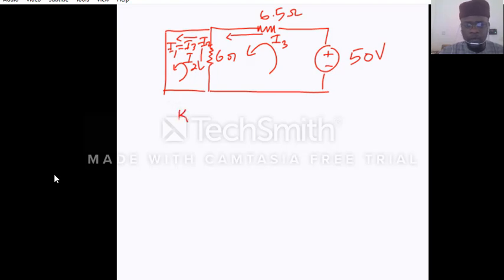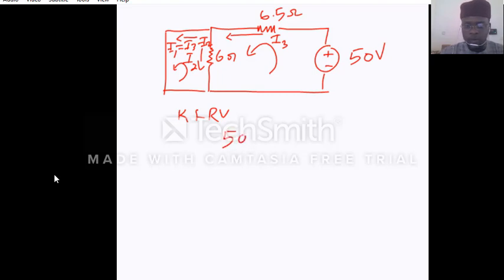So our loop now, we also choose the positive terminal to take our loop. Recall that the superposition theorem required only the application of Kirchhoff's voltage law, which is Kirchhoff's loop rule for voltage.